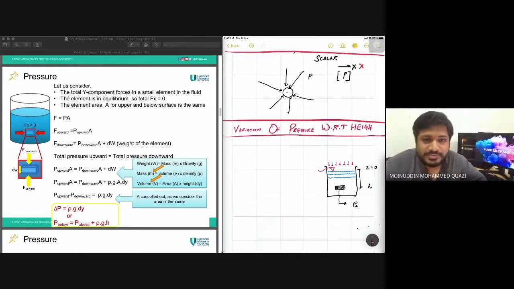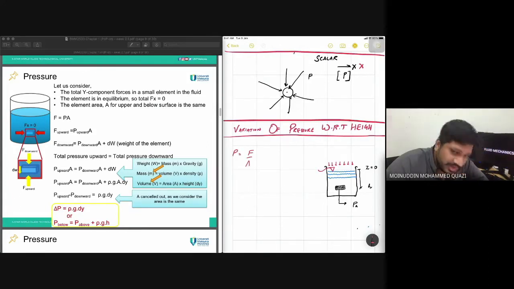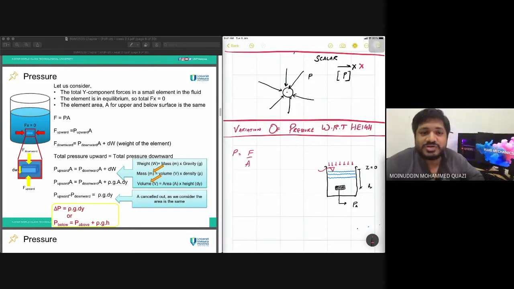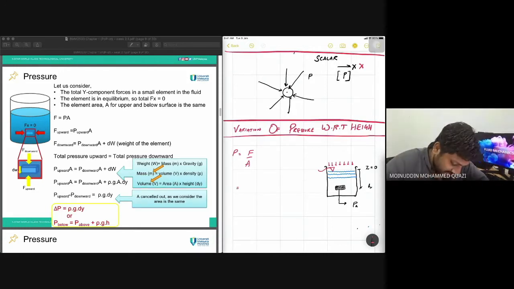So how much is the pressure which is acting on him? The common formula for pressure is force per unit area. How much force is he exerting based on his weight? So the force in this case is equal to his weight.